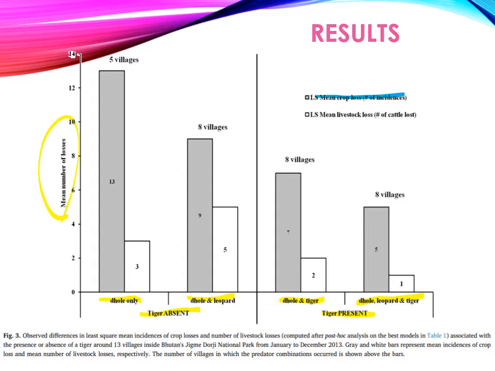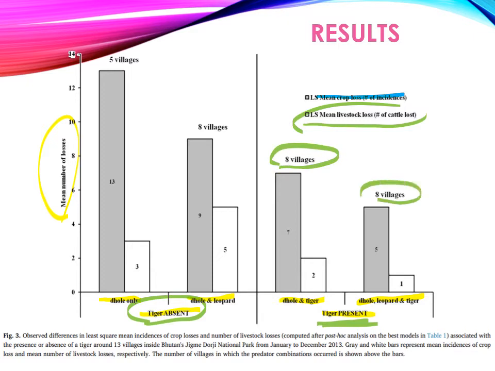And then the white is showing you the livestock loss. And we can see that we had more losses when tigers were absent than when tigers were present. And the actual number of villages in each one of these different combinations is given as well.